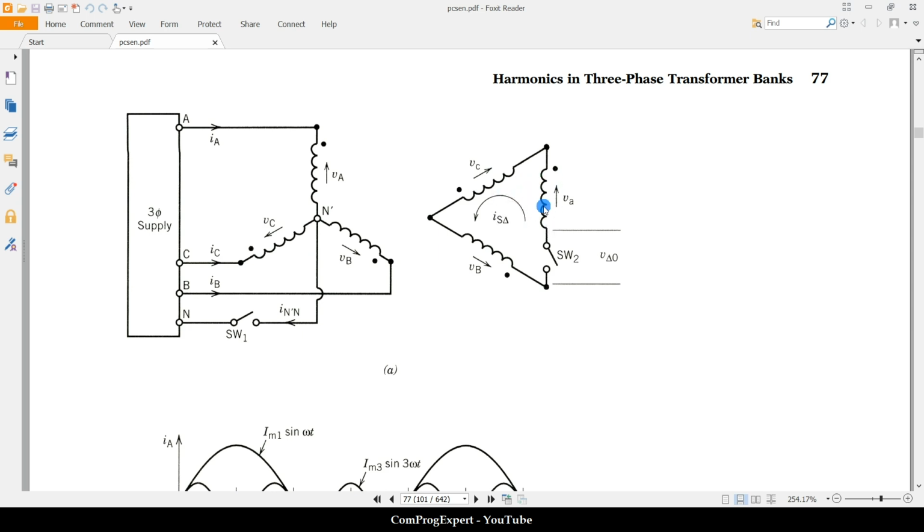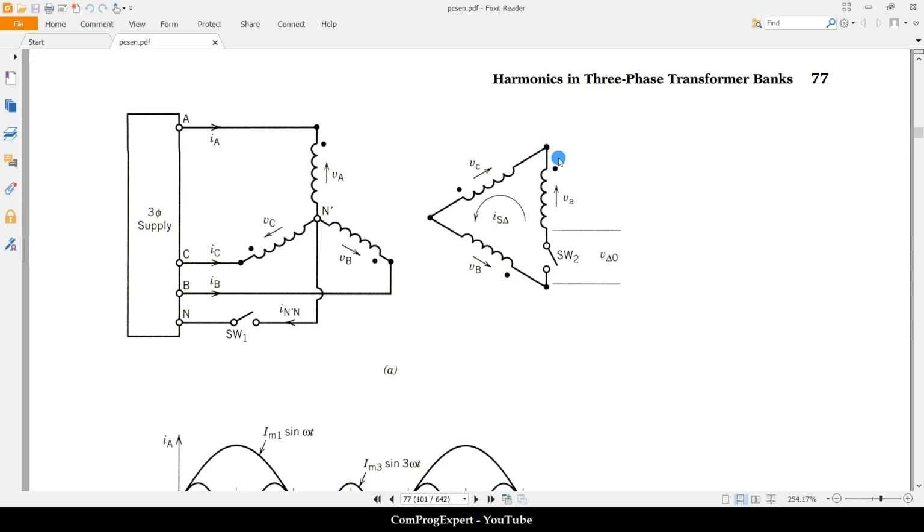So here we don't have the third harmonic for the induced voltage, and consequently when SW2 is open, how much is the voltage? V delta 0 is the summation of VA, VB, VC, that is 0. So we don't see the effect of the third harmonic in the induced voltage for this delta connection.